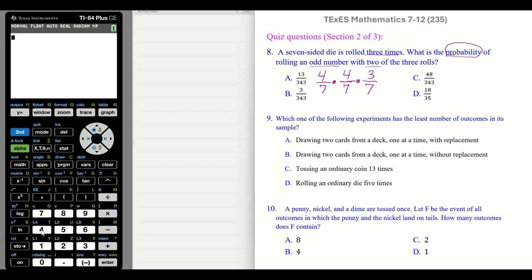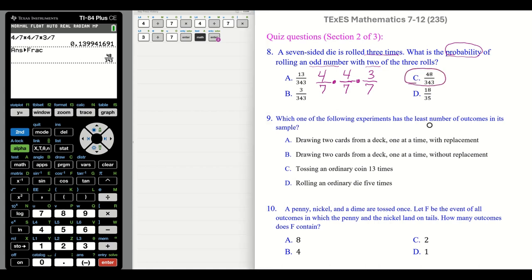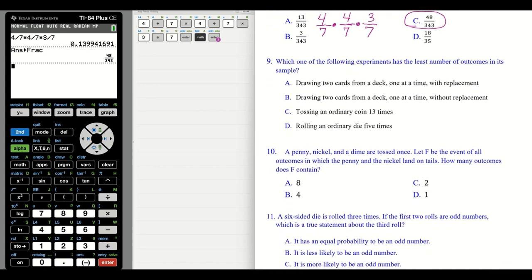We should be okay with our order of operations. So 4 divided by 7 times 4 divided by 7 times 3 divided by 7. Enter. We need a fraction, so math, enter, enter. 48 out of 343.